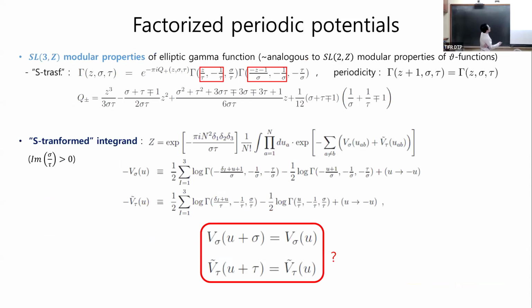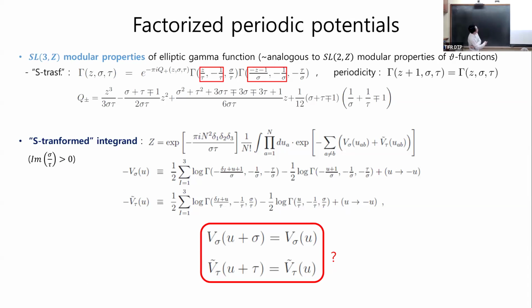So just like the SL2Z modular properties of the Jacobi theta function we saw in 2D CFTs, this elliptic gamma function for the gauge theories enjoys some SL3Z modular properties. In this SL3Z you can find something analogous to the SL2Z case, an analogous S transformation.